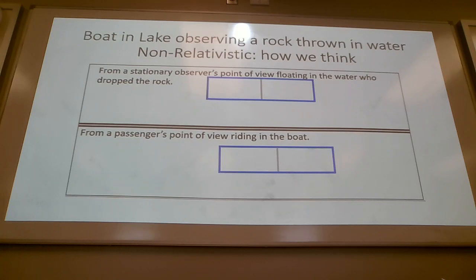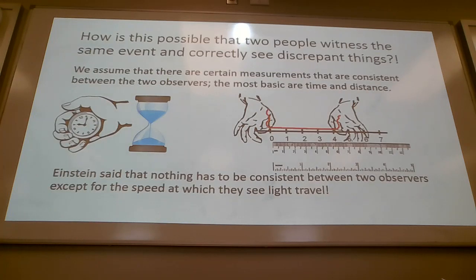Here's the deal. We think that there are certain measurements that we all agree on. Time being one of them. A second for you is a second for me is a second for somebody in China.